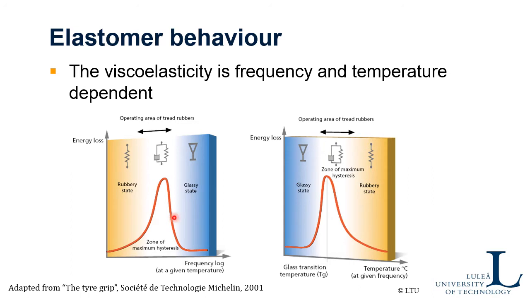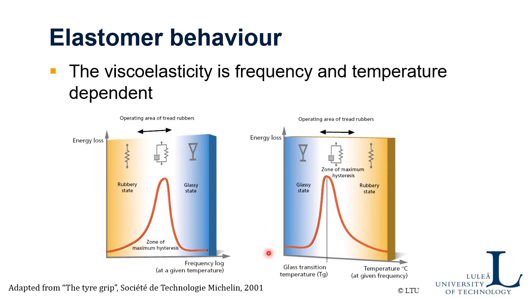So what has frequency to do with a tire, you may say? Well, in a tire, the tire is of course loaded at different frequencies depending on the speed you are driving at, and also the nature of the topography of the road. Apart from the frequency, the material is also highly temperature dependent.